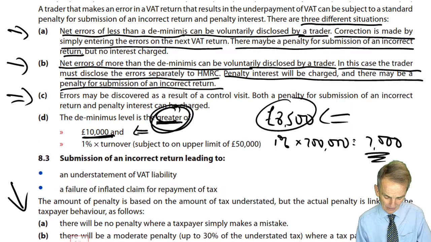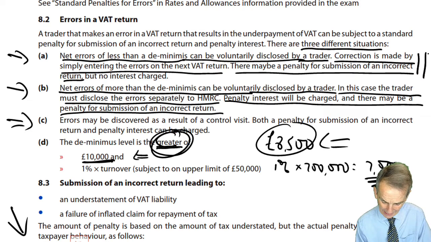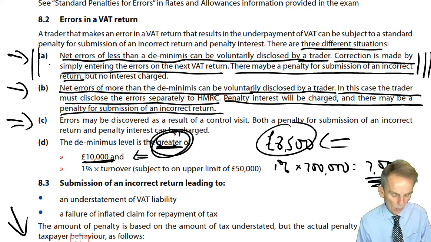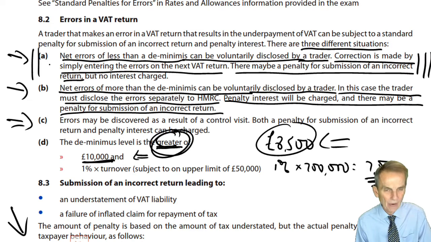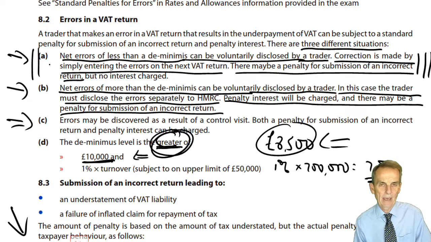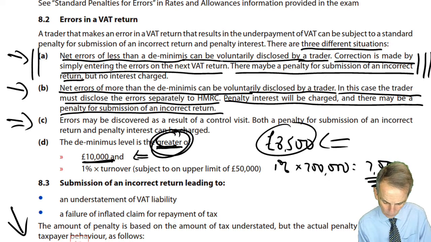And on that basis, therefore, we are now looking at this route. So what do we do? The net error is less than the de minimis level. £8,500 is less than £10,000. It can therefore be voluntarily disclosed by the trader.